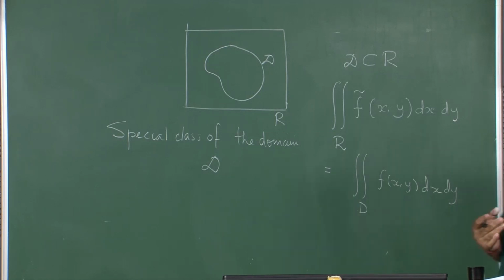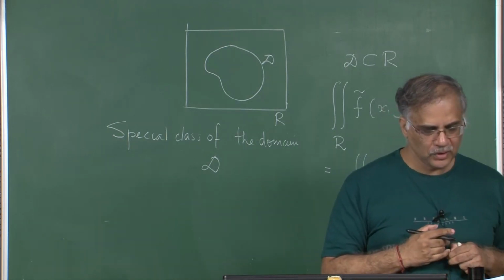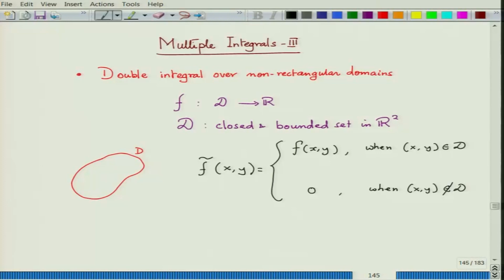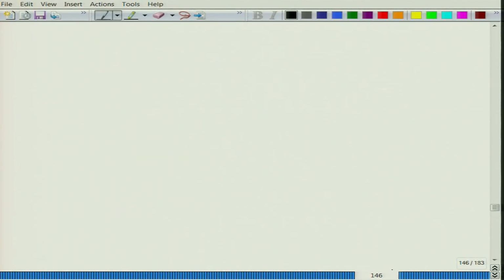So, these domain Ds, the domain D for us will have a structure. And the book calls it the elementary region, right.